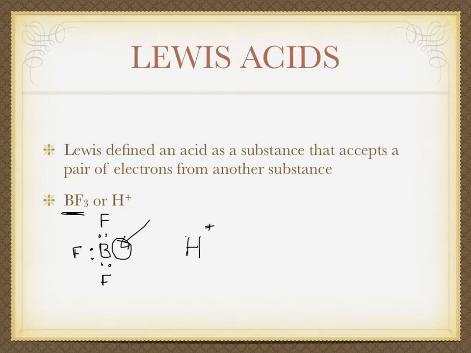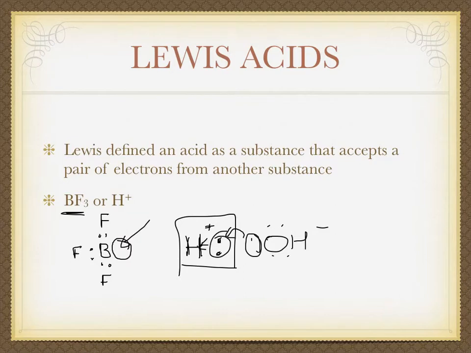Same thing with this H plus. There's no electrons there, so it'd be glad to grab a couple extra electrons if somebody had them. What we're talking about is something like OH minus, which has some unshared electrons that it could donate and make that compound here. So that's what they're talking about.